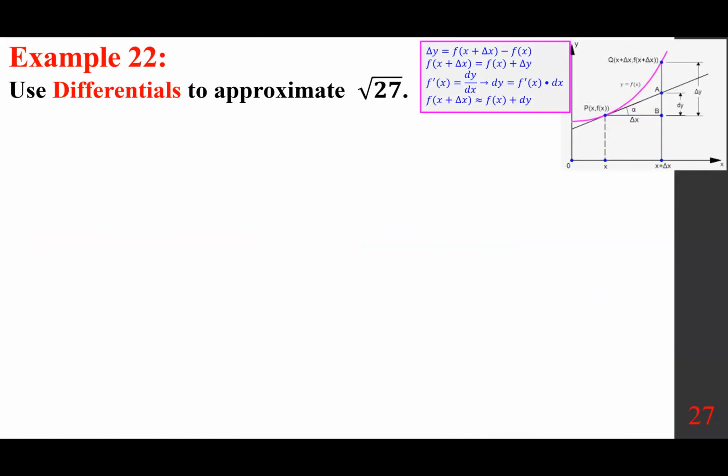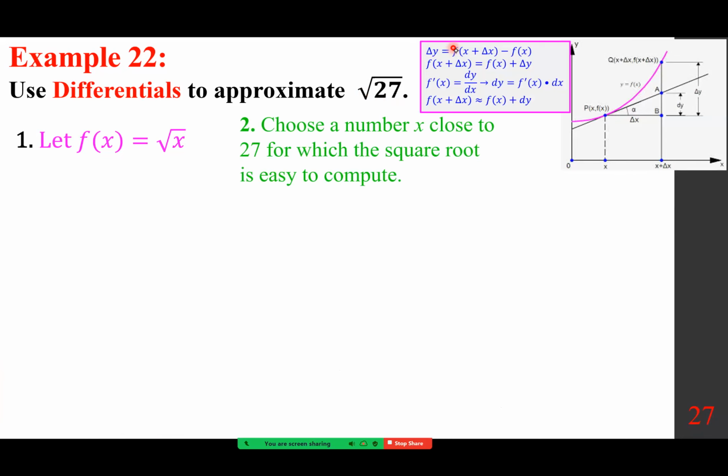Use differentials to approximate the square root of 27. First, we need a function that represents this, and that's the square root of x, because all you have to do is read square root of 27. Then you need to choose a number close to 27, where you can easily find the square root.